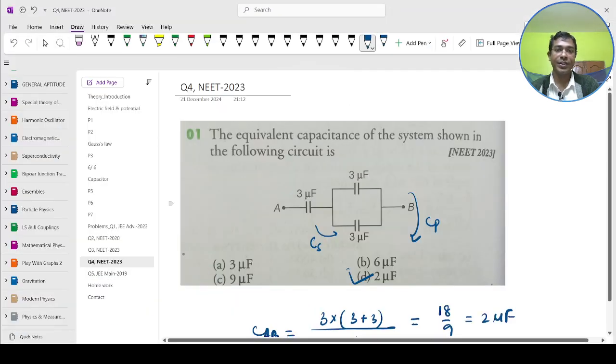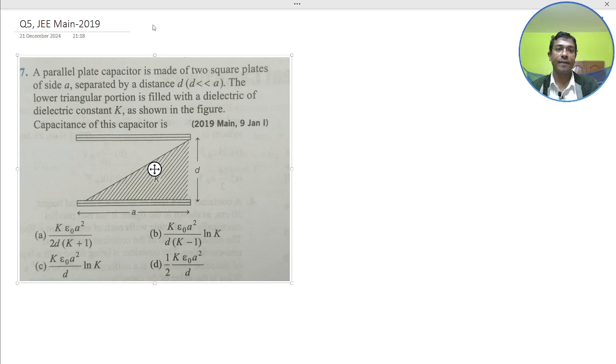Last one coming is from JEE Main 2019. This is another important question, saying that a parallel plate capacitor is made of two square plates of side A, separated by distance D, and the lower triangular portion is filled with a dielectric of constant K, as shown in the figure. You have to find the capacitance. So basically, one thing is that we just consider a small strip dx.